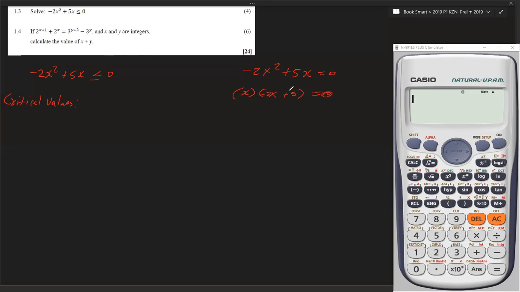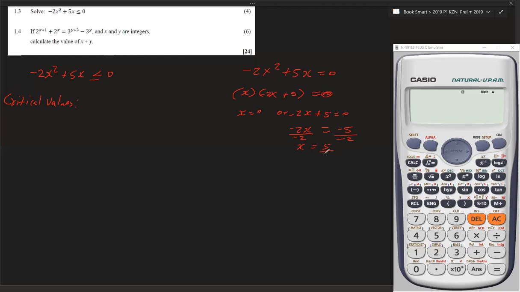Now remember, I said if you have brackets multiplying and a 0, you can always separate the brackets. So x equals to 0 or negative 2x plus 5 equals to 0. So here I'm going to have negative 2x equals to negative 5, which is x equals to 5, because I'm going to divide both sides by negative 2.